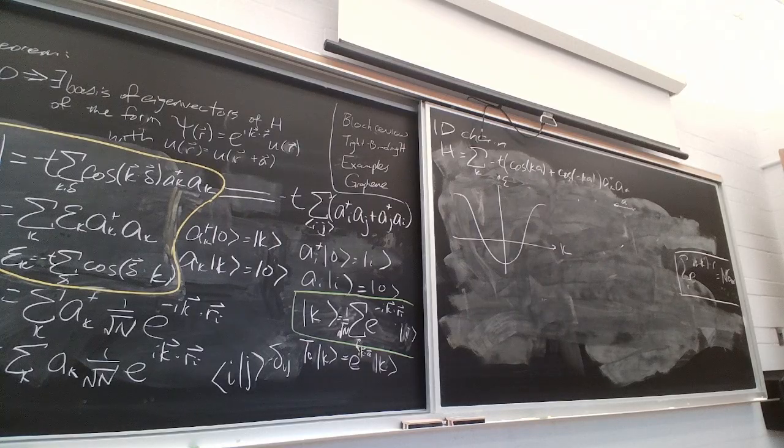Sometimes it's not immediately diagonal, but the thing you have to diagonalize is maybe 2 by 2 or 3 by 3 or 4 by 4, a much smaller matrix than something with n sites. It's much easier to diagonalize a 1 by 1 or a 2 by 2 matrix than an n by n matrix, where n is some large number, like Avogadro's number large.